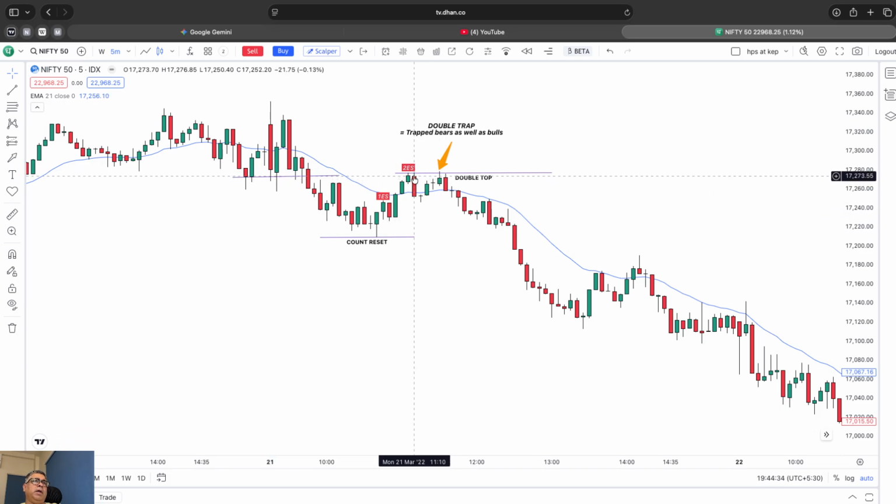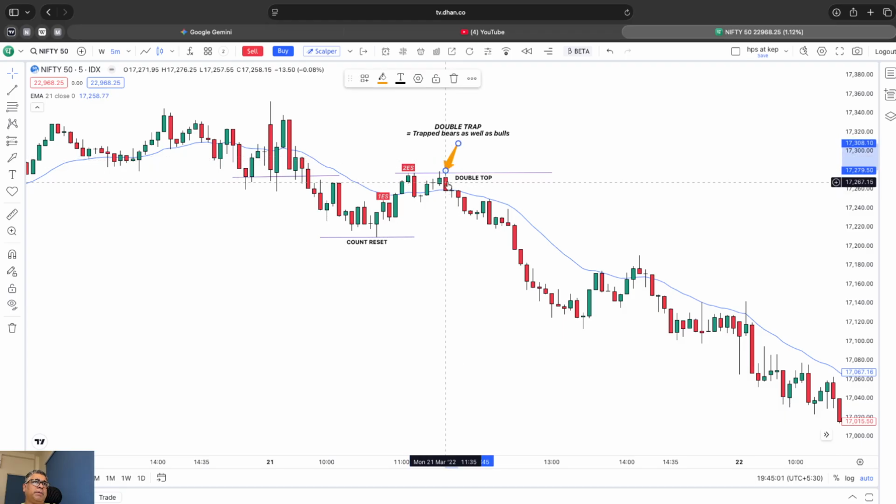If there was any bar forming which closed above this bar, then second entry short would have been invalidated. So the signal bar is bullish, the context is very much bearish. So one can enter here after this double trap forms.